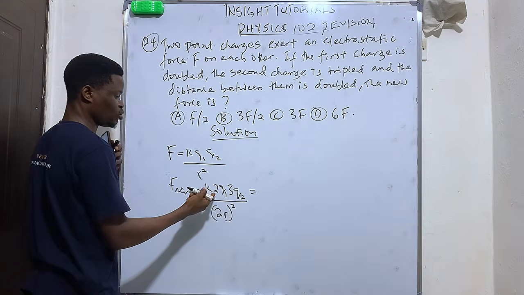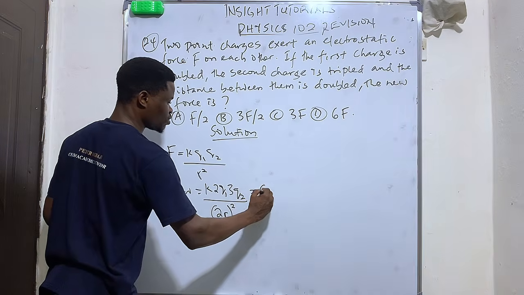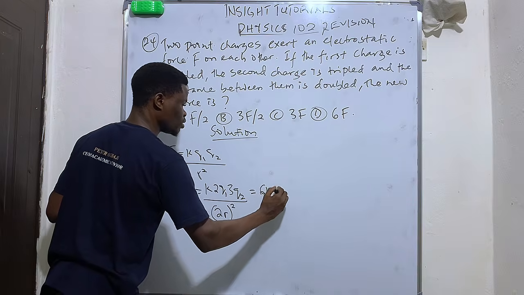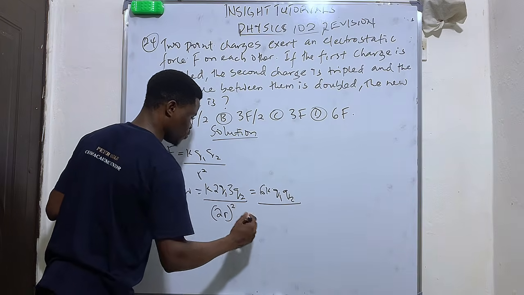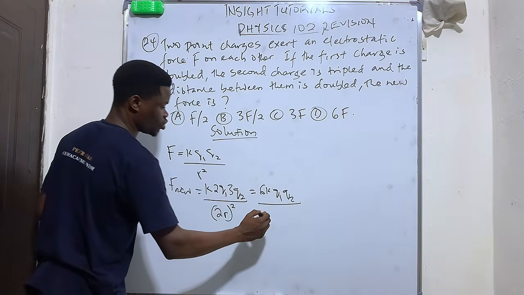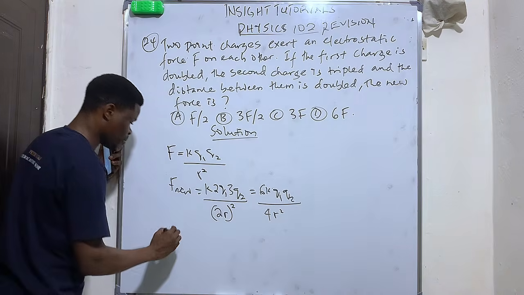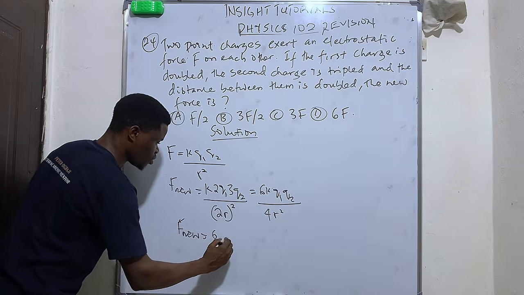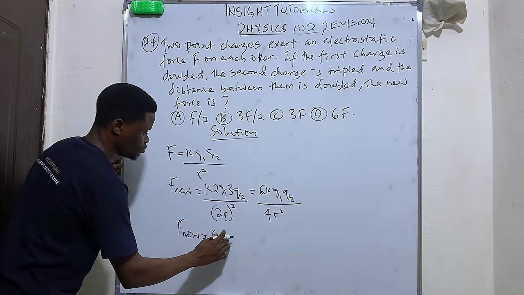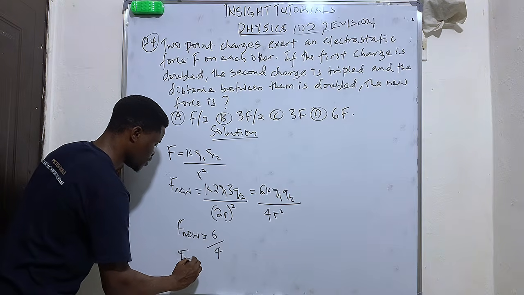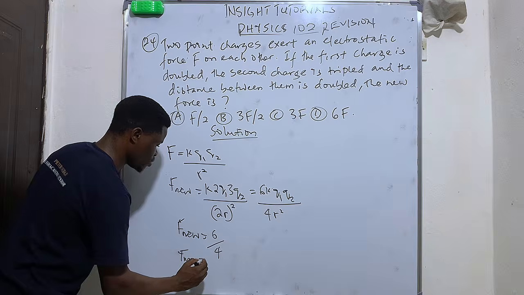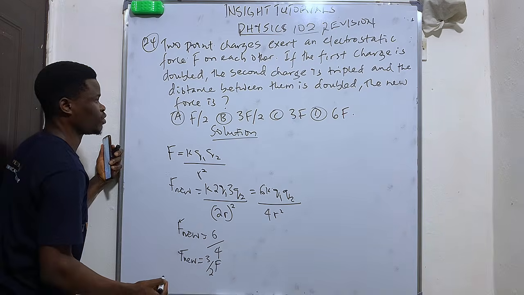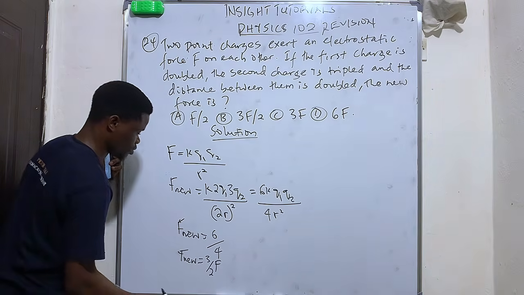So if you do 2 times 3, it's going to give you 6K Q1 Q2 all over, if you square this, 4R squared. So it happens that our new force is going to be 6 all over 4, and if you divide that, it's going to give you 3 all over 2 of our force, right?